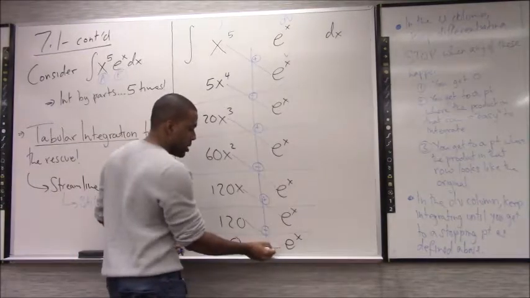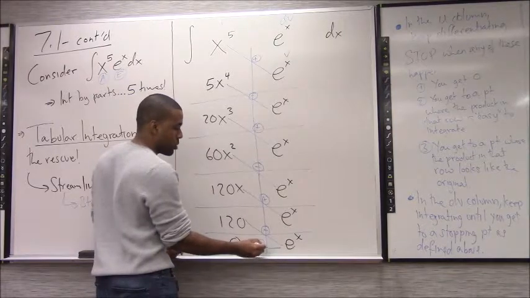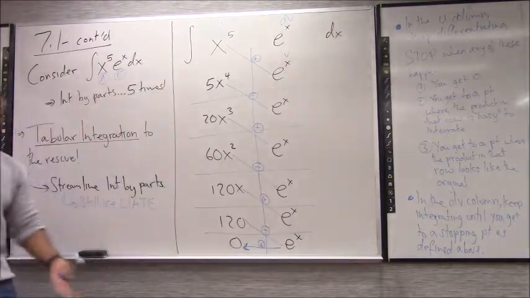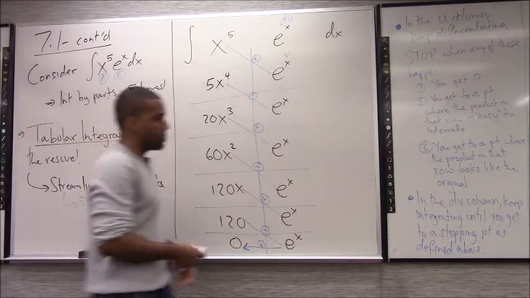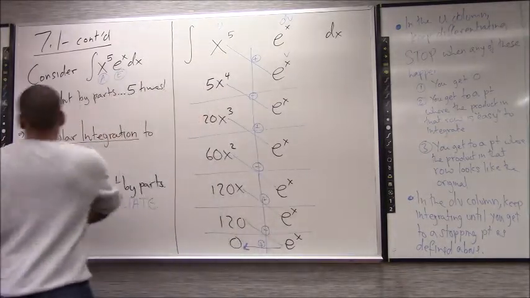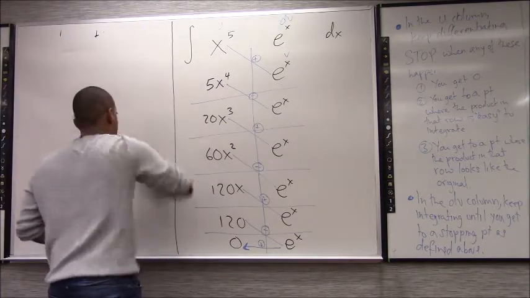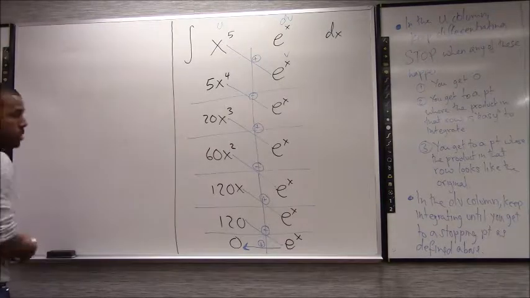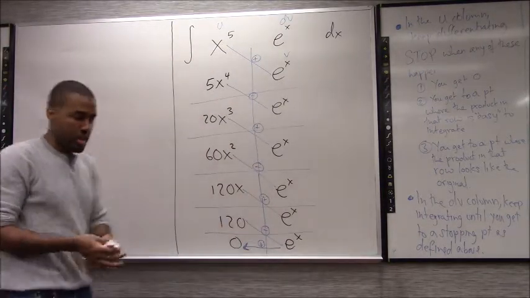And you could multiply across here, and the sign would alternate again, but since that's 0, in this case, it's not going to matter. And now you're pretty much going to write down all these products, and that's going to be your answer.